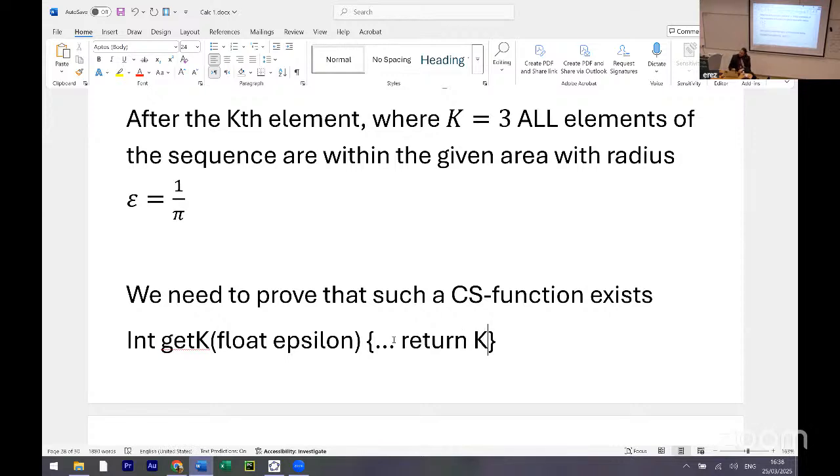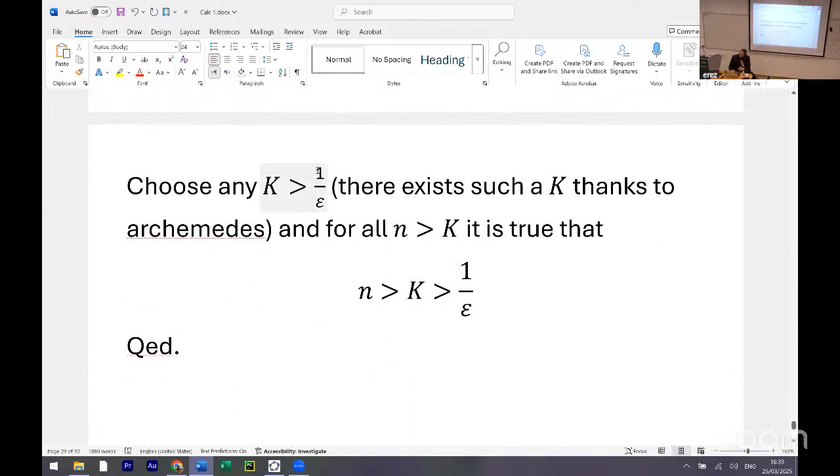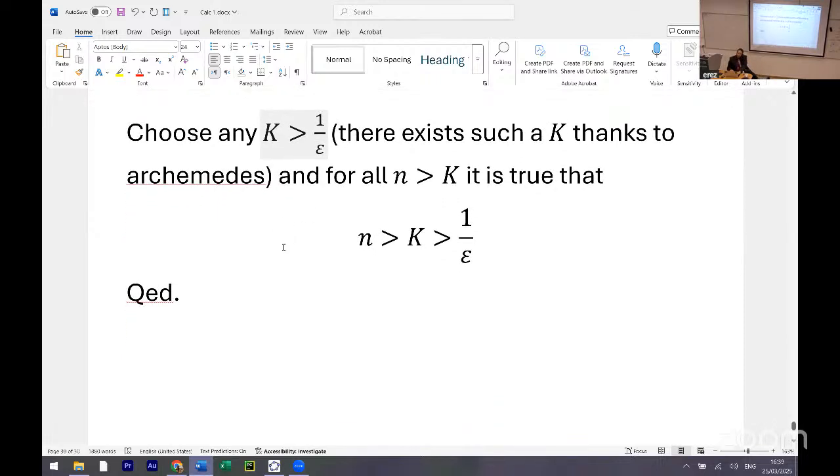You are given the epsilon and you are returning the k. The function here will be the ceiling of 1 over epsilon. You take 1 over epsilon, you round it up, that's the k you wish to have. You can actually floor it too, but it doesn't matter.